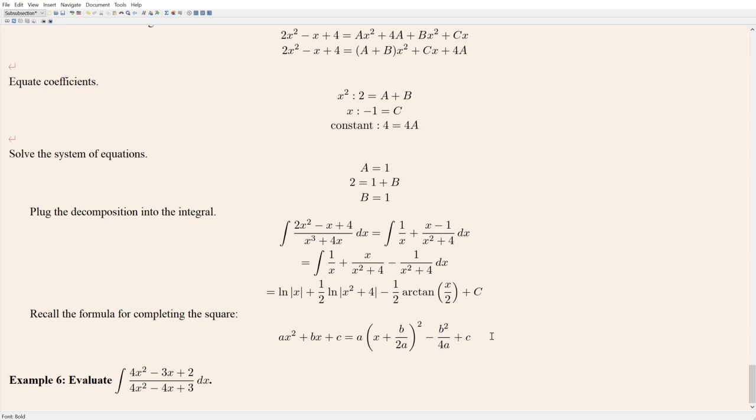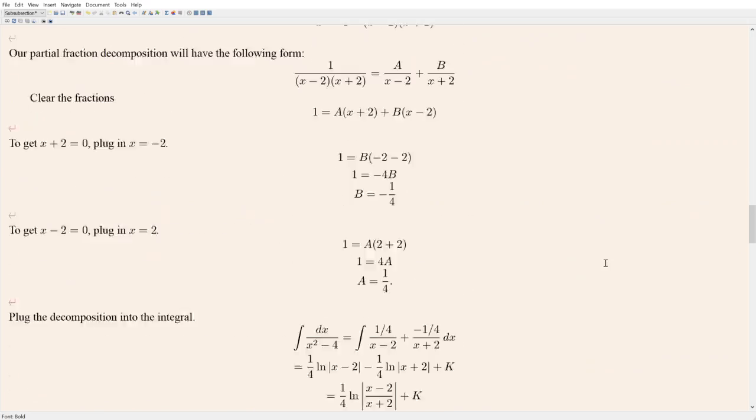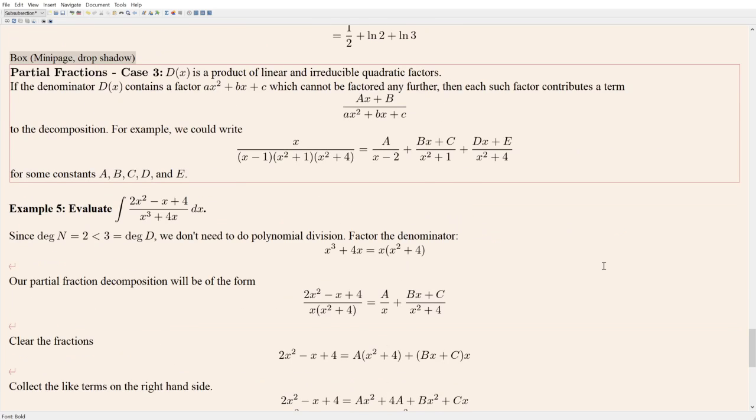Okay. So notice in these formulas that I've posted up here, we have x squared plus a squared, and x squared plus b. In these denominators, we only have a square and a constant.